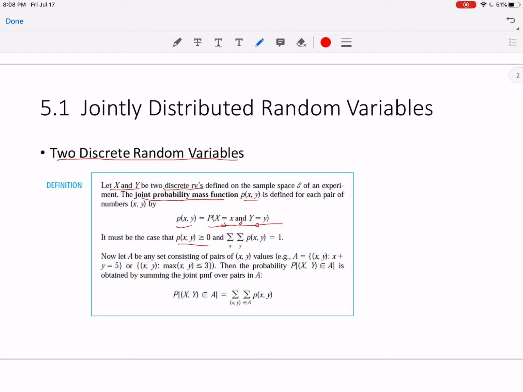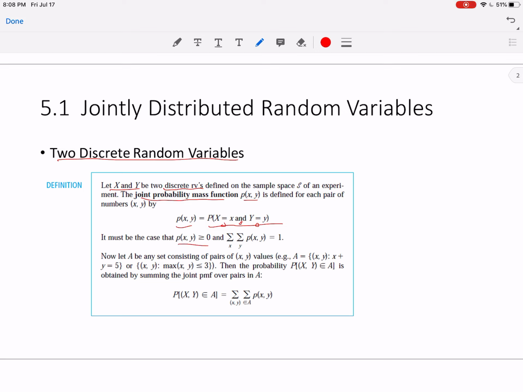So the idea here is very similar to what we saw before. The only difference is that we are dealing with two random variables. Of course, there are going to be two different cases. One is what we're talking about now, two discrete random variables, and later on in this video, we're going to see the case of two continuous random variables.